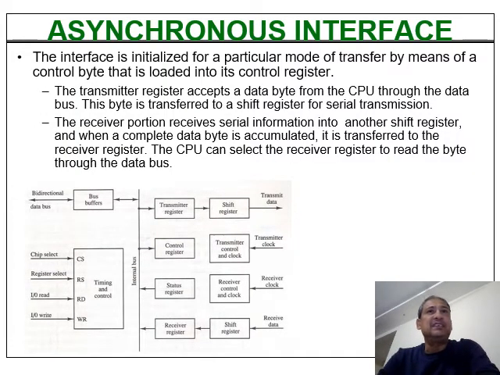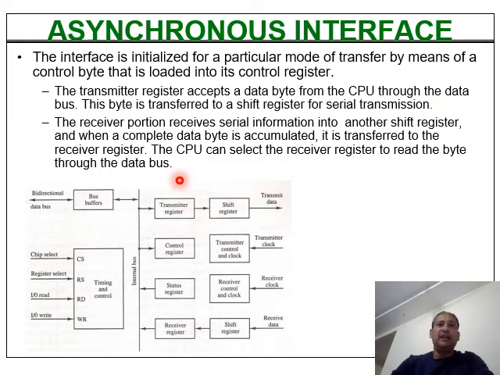The interface is initialized for a particular mode of transfer by means of a control byte. Now the control byte that the CPU sends is essentially made up of the value of the chip select, the value of the register select and the value of the read and write. See, this device is a serial asynchronous interface.